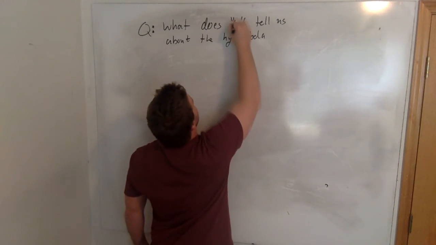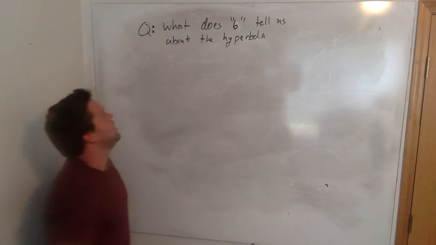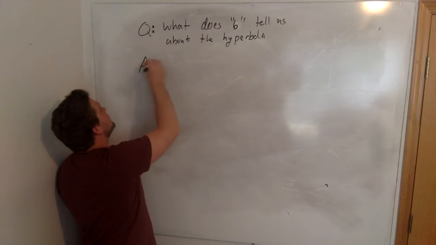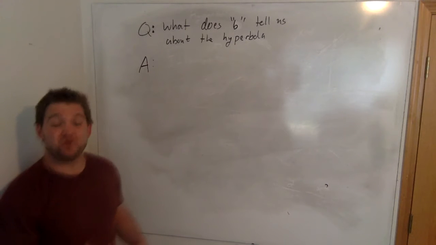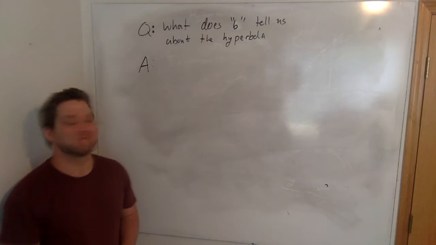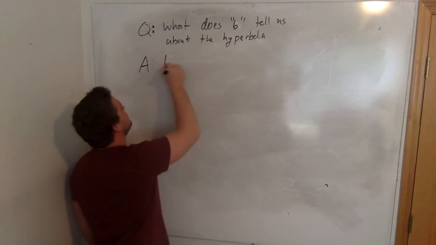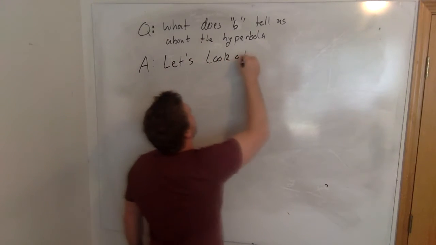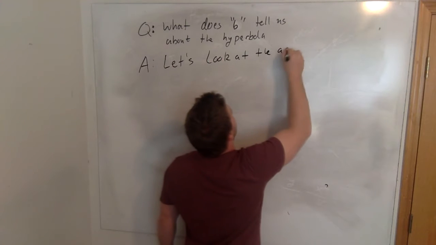What does b tell us about the hyperbola? The answer turns out to be the one thing we haven't really fully studied yet, the asymptotes. So to answer this question, let's look at the asymptotes.